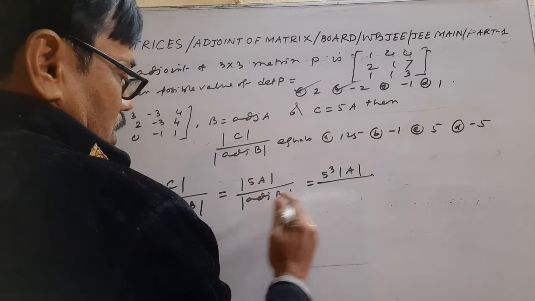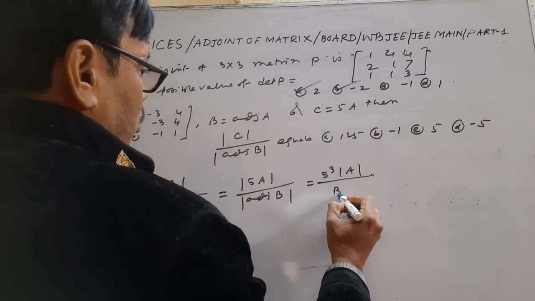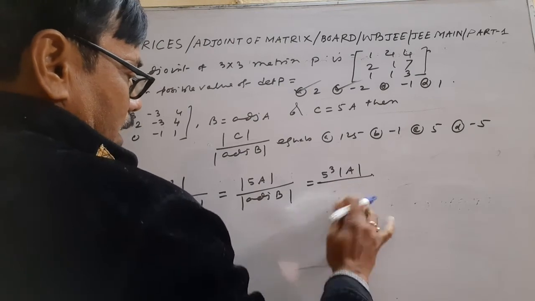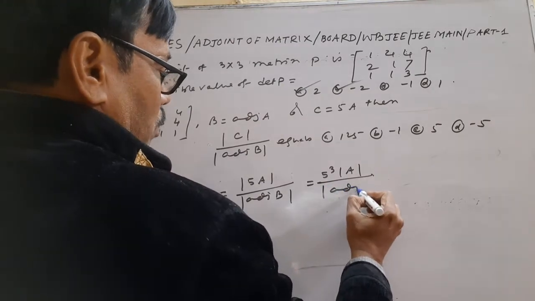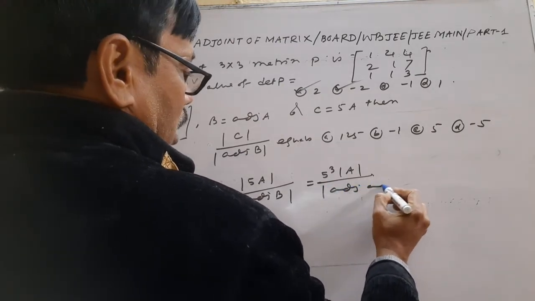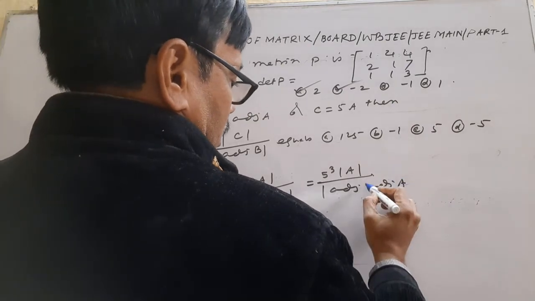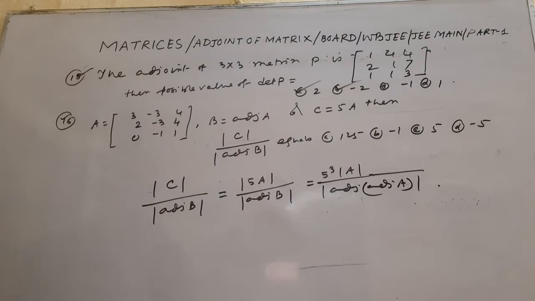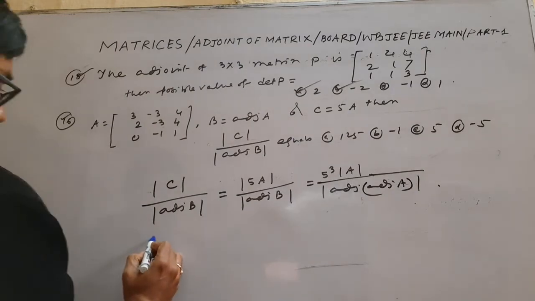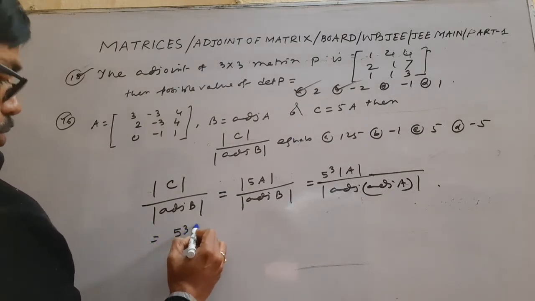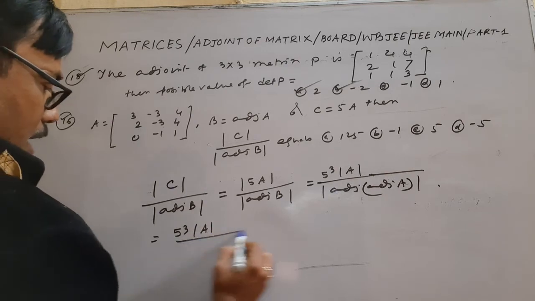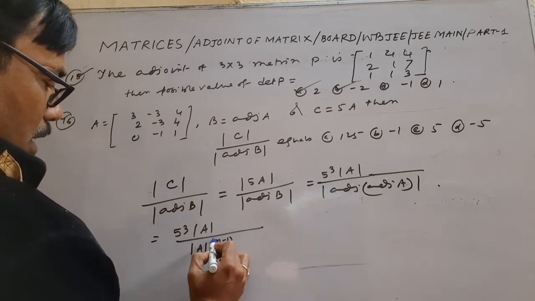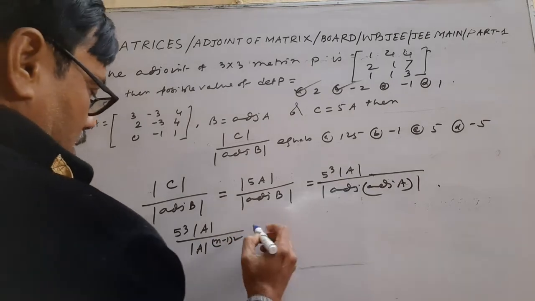So adjoint of B, this is adjoint of adjoint A. Now 5 cube into determinant A, adjoint of A. So determinant A to the power n minus 1 whole square.